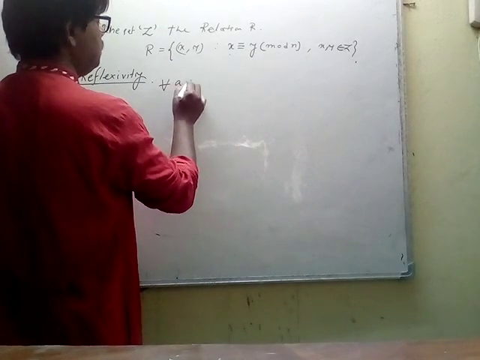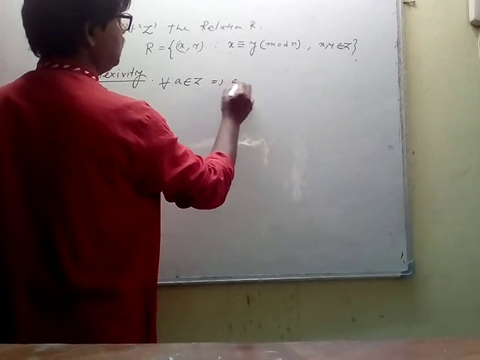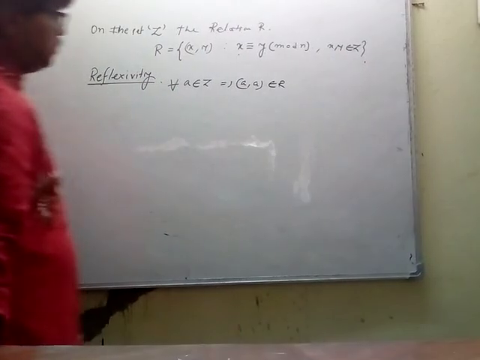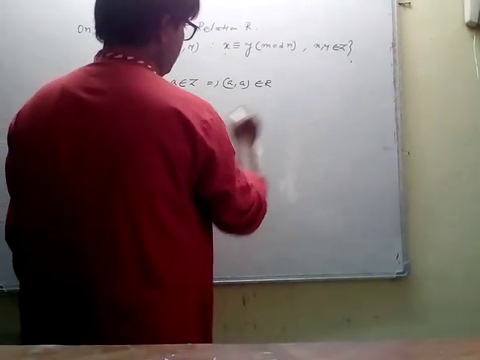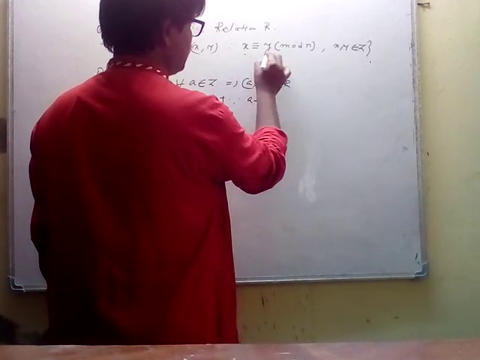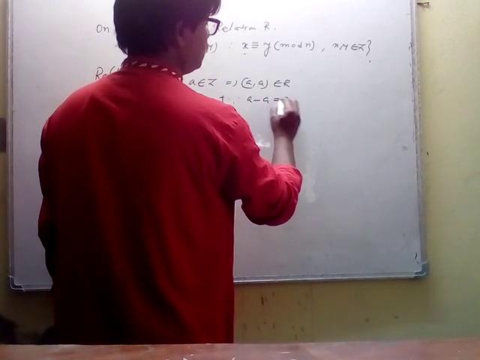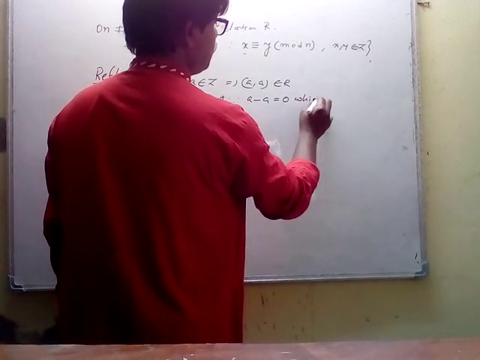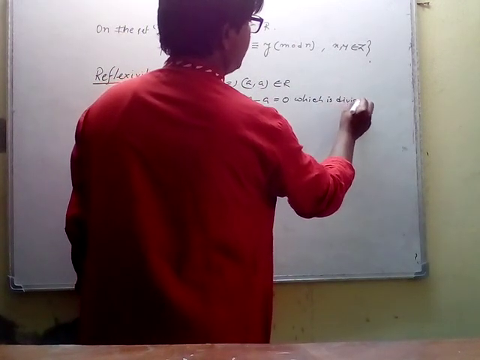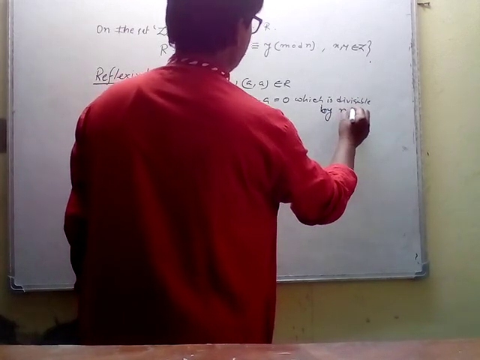So, reflexivity: for all a belongs to Z implies (a, a) belongs to R. Why? Since a minus a, that is 0, is divisible by any number, so divisible by n.